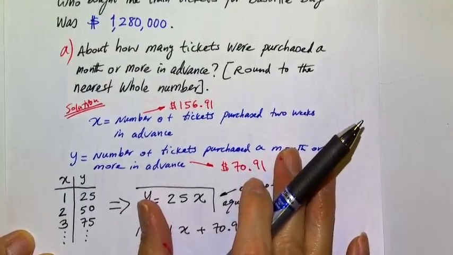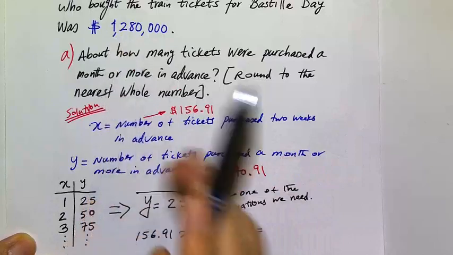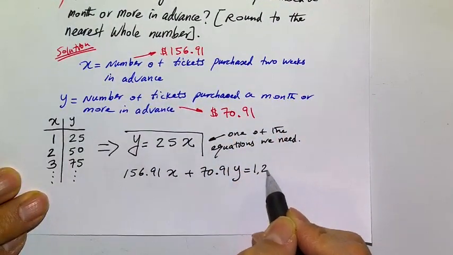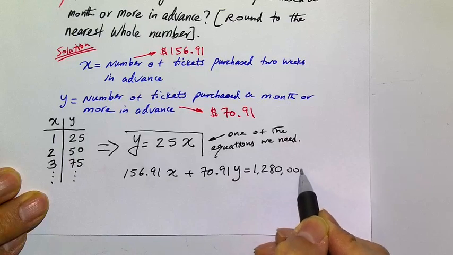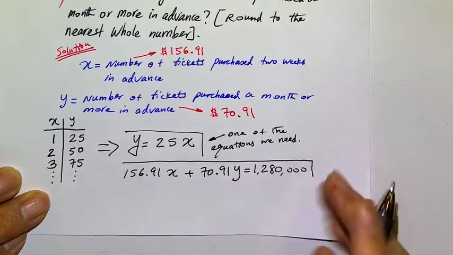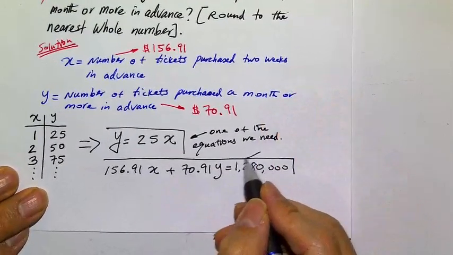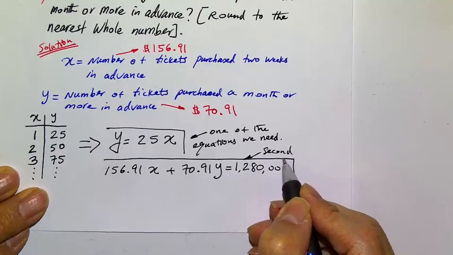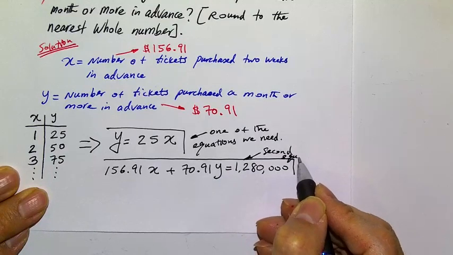Let me scroll down. 1,280,000. Okay, so this is the second equation we needed, right? So let me just write second equation.